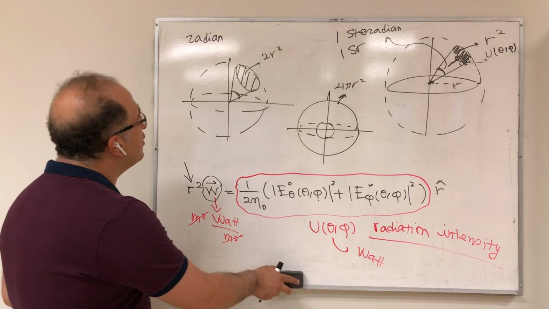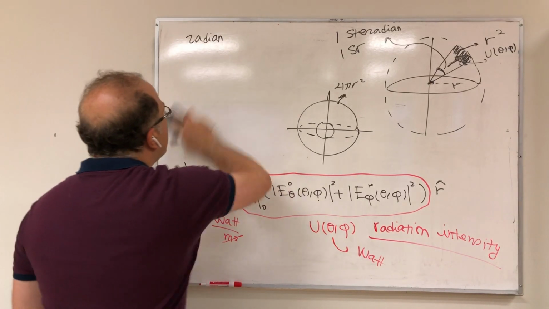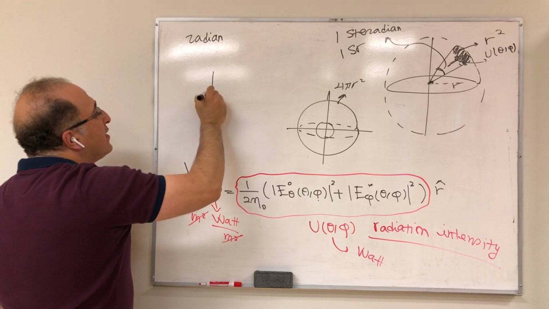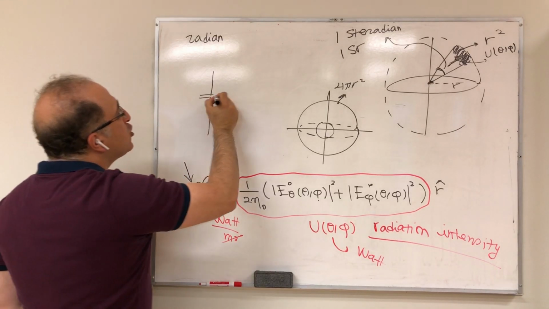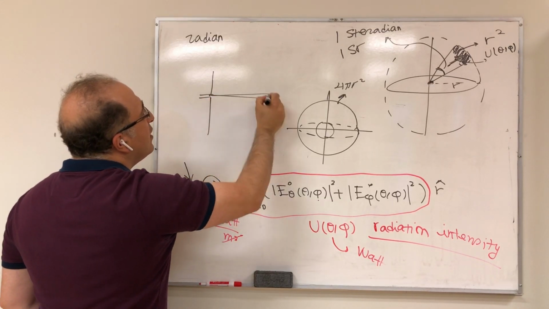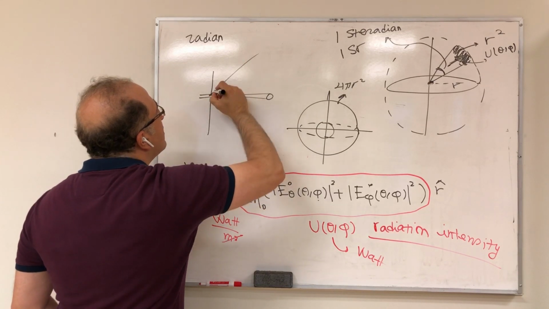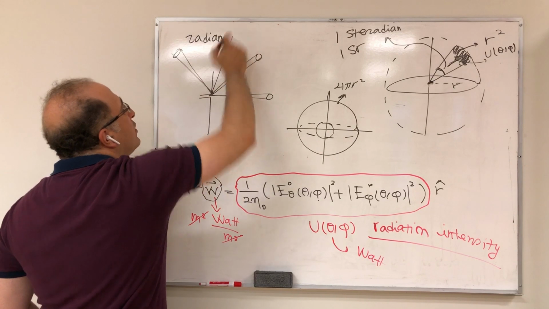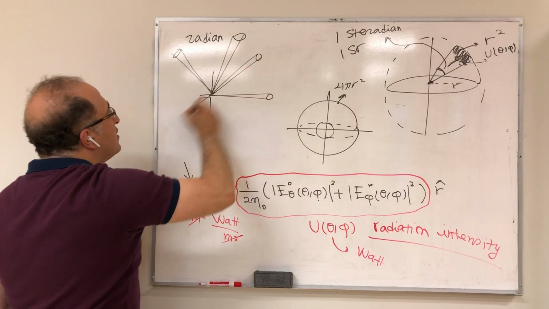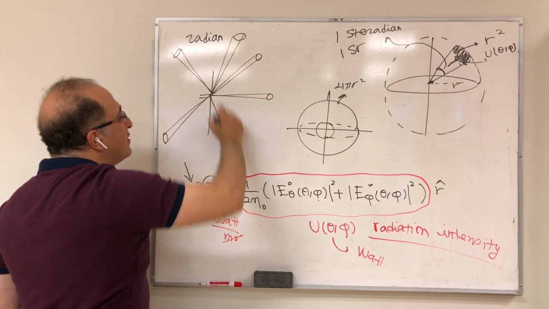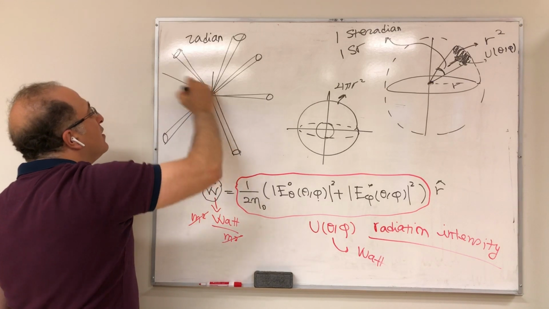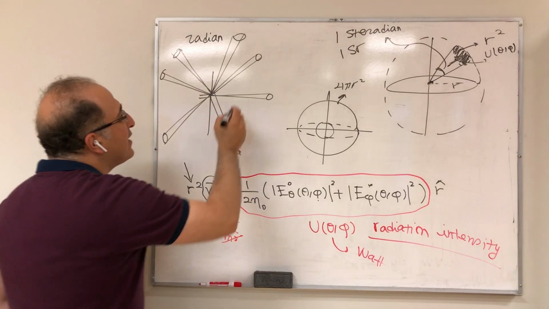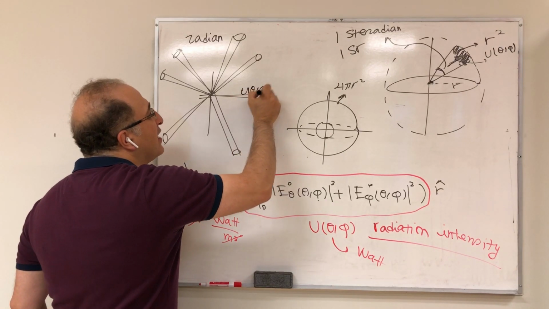So now, if I look at my antenna, I can think of it as so many cones around it. These are different cones like that. And within each cone, depending on the angle, I have a u, theta, and phi.